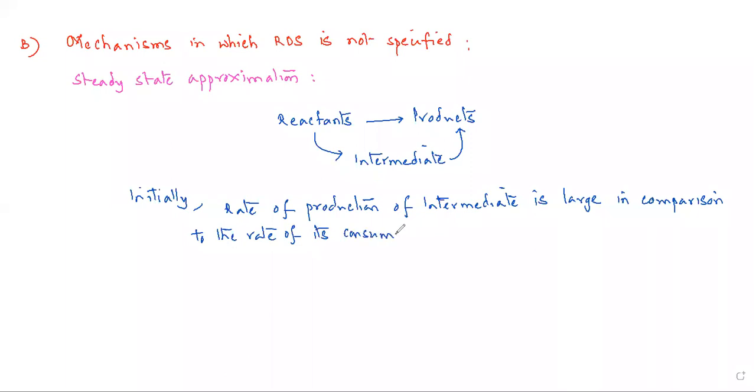So right at the beginning, as the reaction has just started and is going on, no doubt the production of the intermediate will be large in comparison to the rate of its consumption, or its decomposing into products, right?